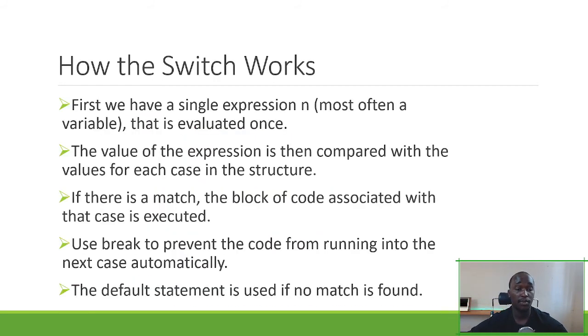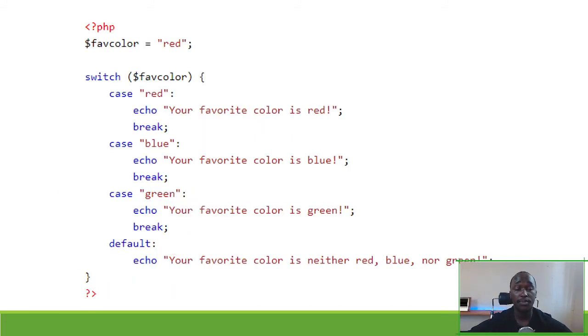Okay, so this is the example. Here we're declaring a variable called favorite color and assigning it the value red. Now we write the keyword switch, then we pass it the expression, the variable favorite color. Now case, then we give it some value.